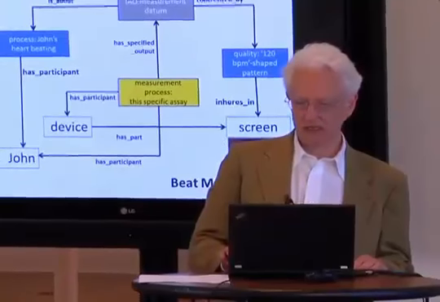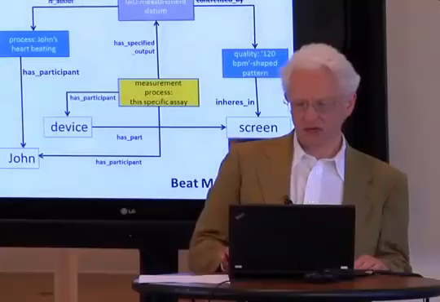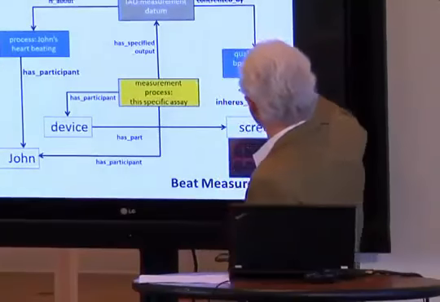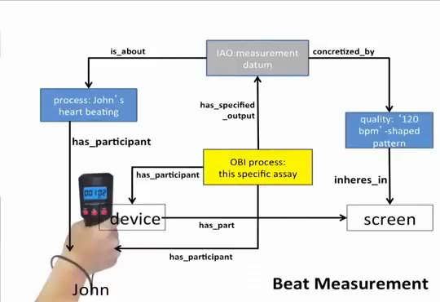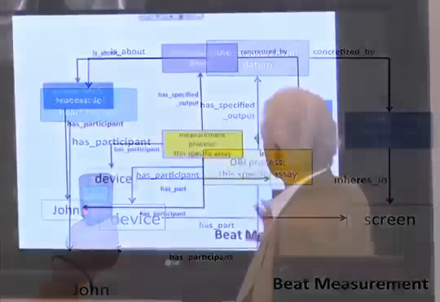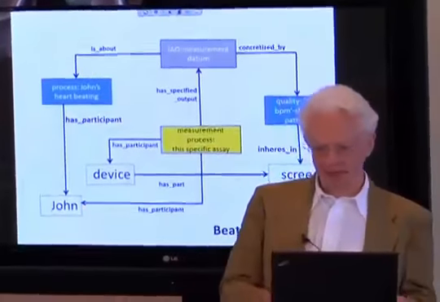I don't think we need to look at this because it's similar to what we had before. Well, I'll just mention one thing. There is a quality which is a 120 beats per minute shaped pattern of the screen on the device, which is measuring the process of John's heart beating. Otherwise, everything is pretty much the same.